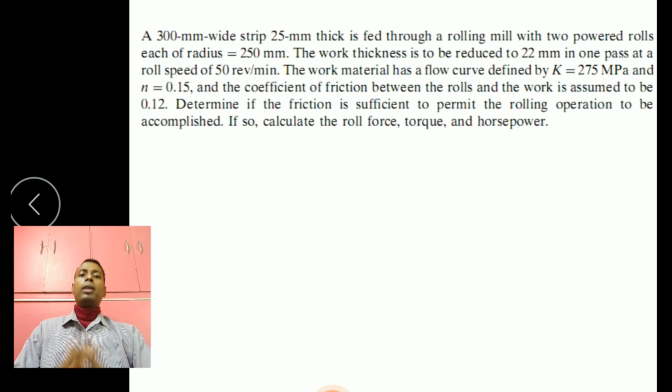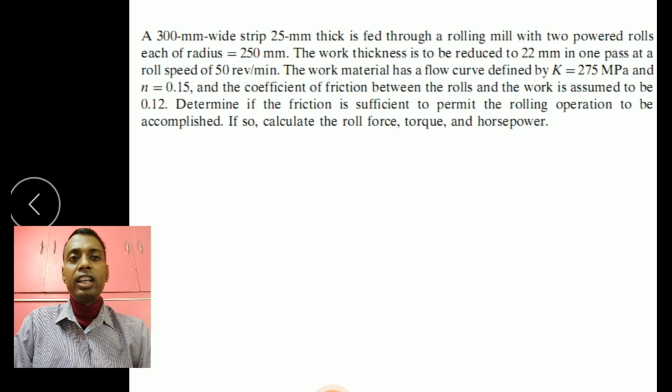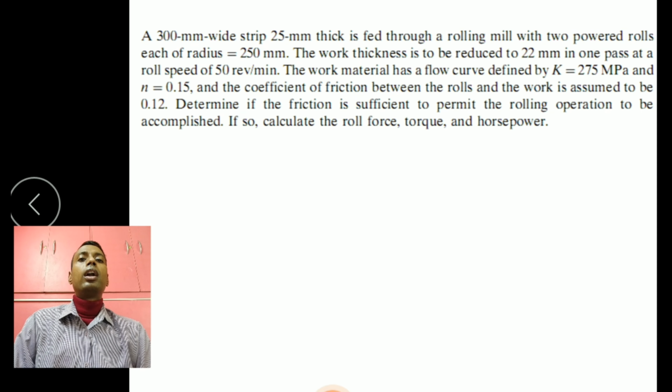Now one problem is given in this way. A 300 mm wide strip, 25 mm thick, is fed through a rolling mill with two powered rolls, each of radius equal to 250 mm. The work thickness is to be reduced to 22 mm in one pass at a roll speed of 50 revolutions per minute.